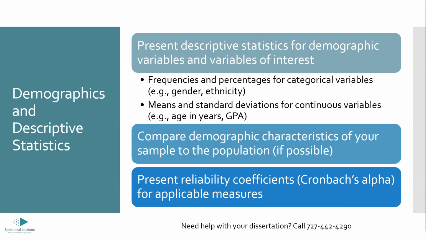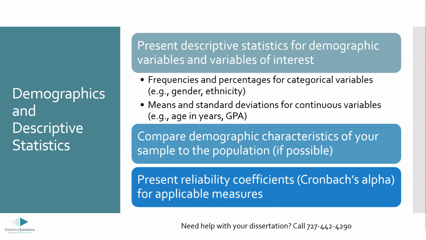So for instance, you might have a population that is 60% female and 40% male. You want to report the percentages of males and females in your study and see if that is close to that 40-60 split that you see in the population.